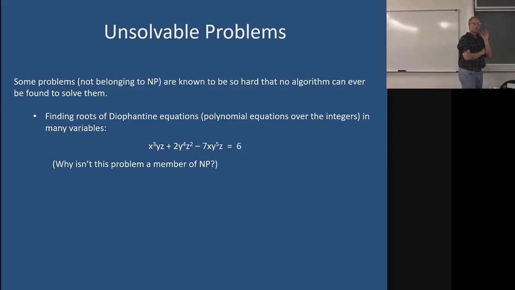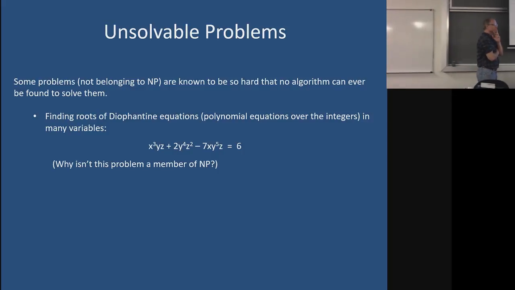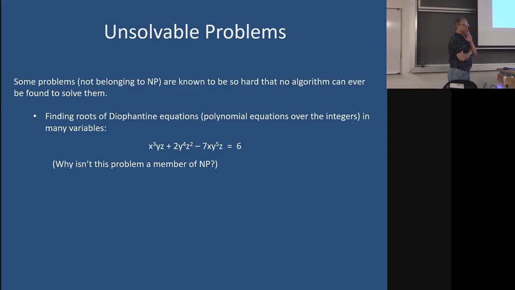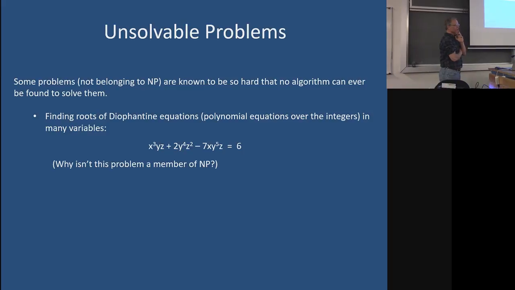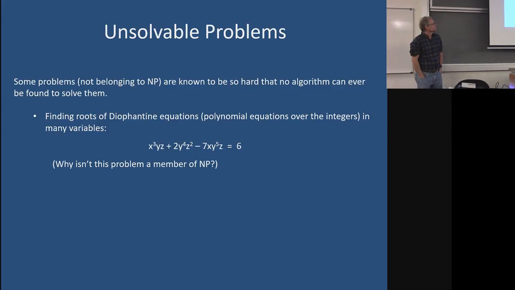Is it because the verification is faster than polynomial time? No, not that it's faster. Is exponentiation for large numbers not polynomial time?